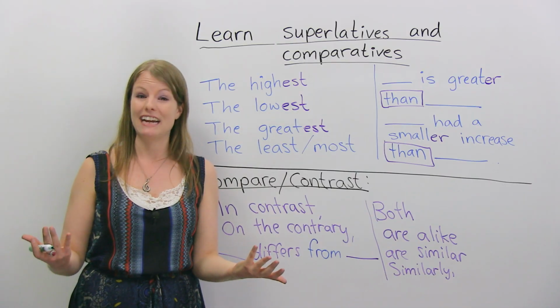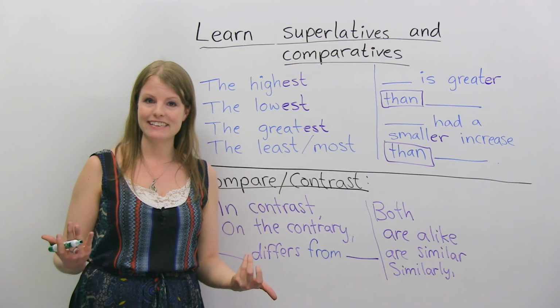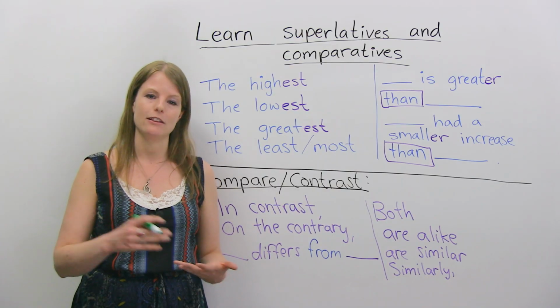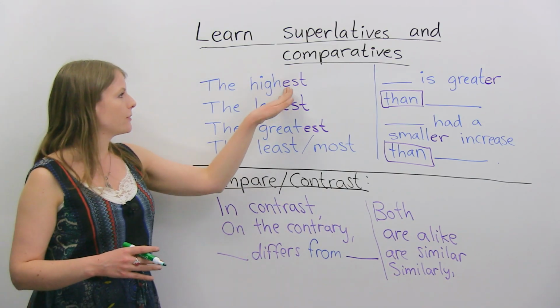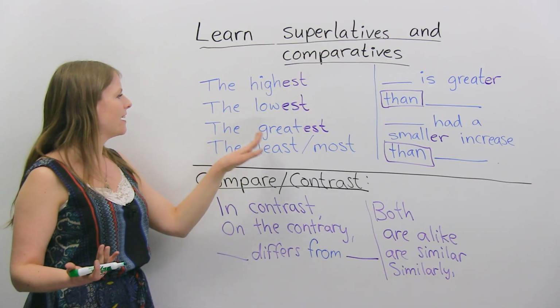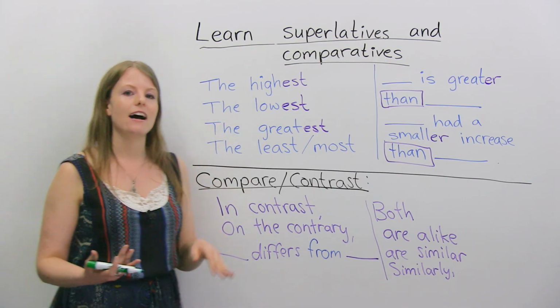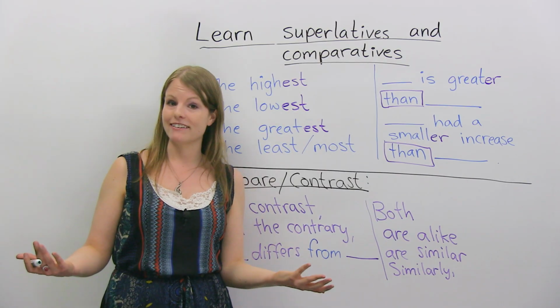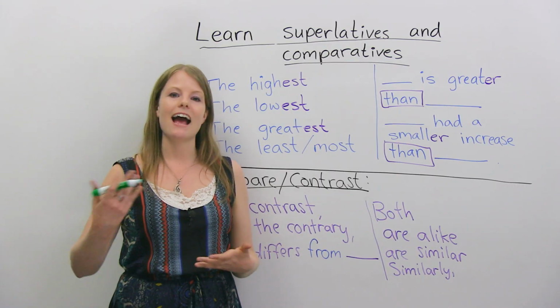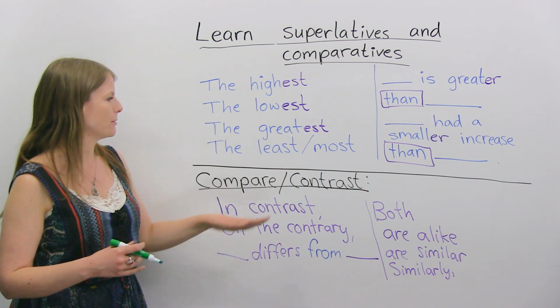For example, if you're looking at mountains, a superlative would be Mount Everest is the tallest mountain in the world. Superlatives have this ending, est, and also have the in front of it. What we were talking about with housing prices, Vancouver has the highest housing prices, as an example.